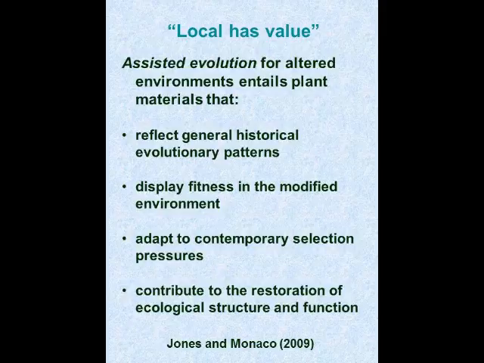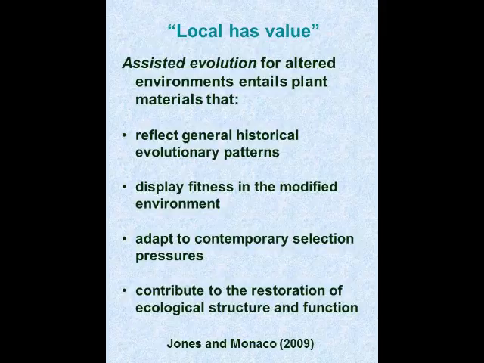So I proposed an alternative paradigm to the local is best paradigm called local has value. And so assisted evolution is about plant materials that, one, reflect general historical evolutionary patterns. This gets back to what R.C. has talked about, preserving that diversity on the landscape.